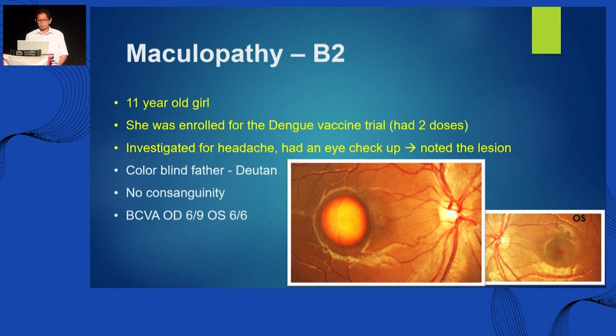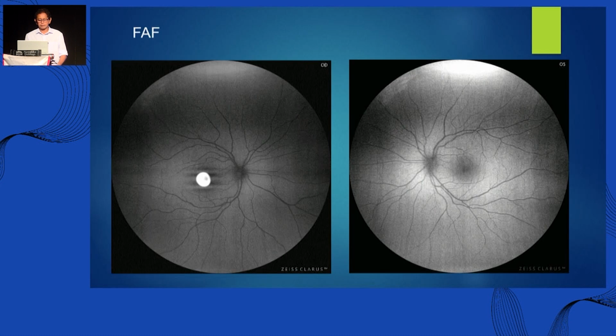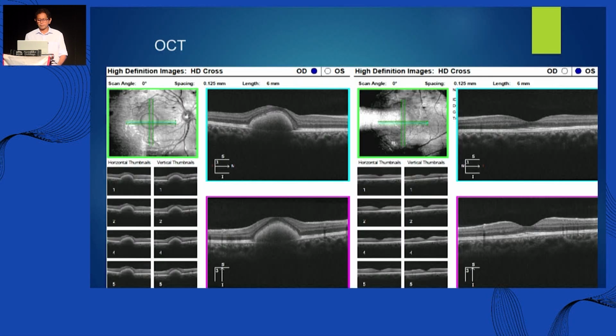This is another interesting patient who came with just one eye having a typical Best pattern. The other eye seemed normal, and it's a unilateral vitelliform lesion. You can see the autofluorescence, which highlights the fact that the other eye is absolutely normal.